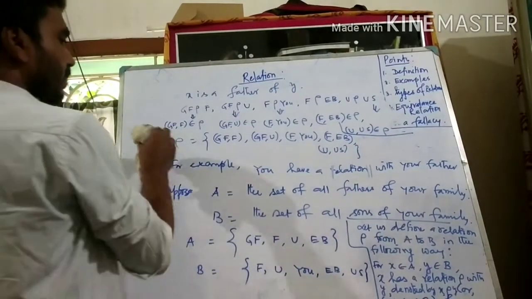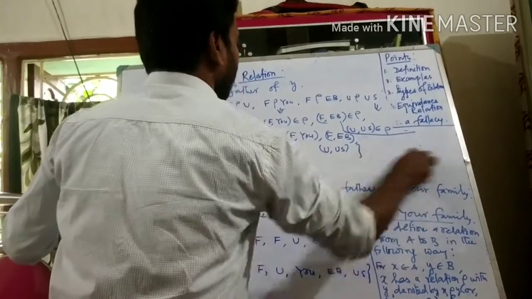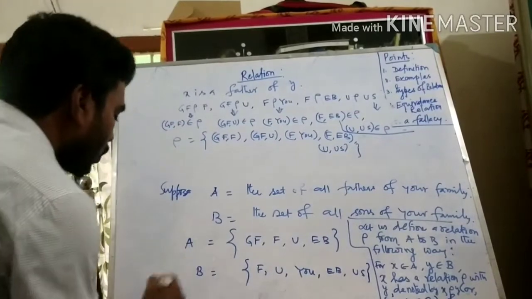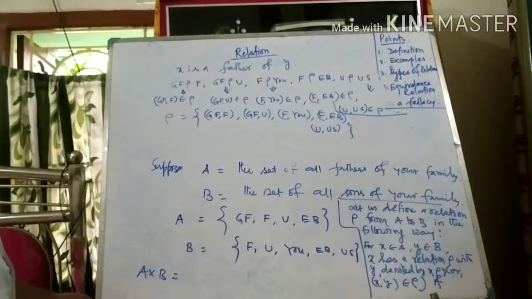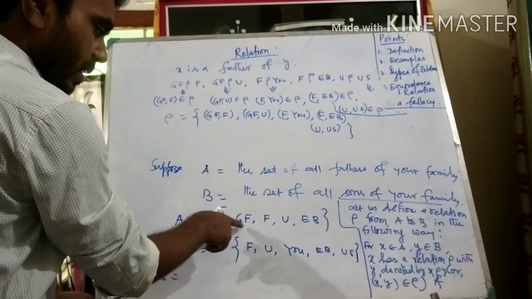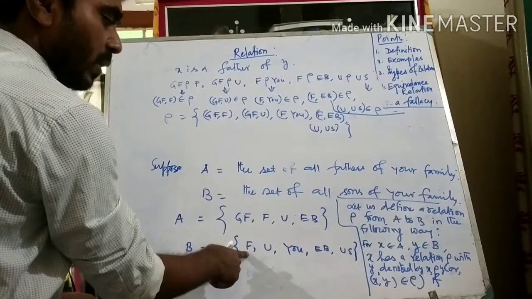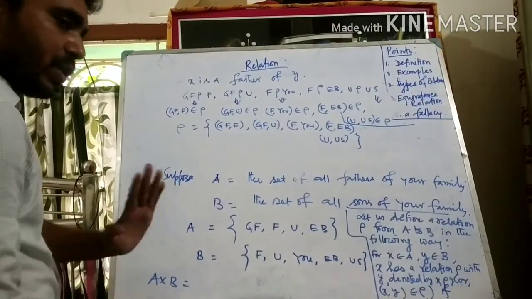Now take the cross product of A and B. Here the number of elements is 4, here the number of elements is 5, so the total number of elements in A cross B will be 20.